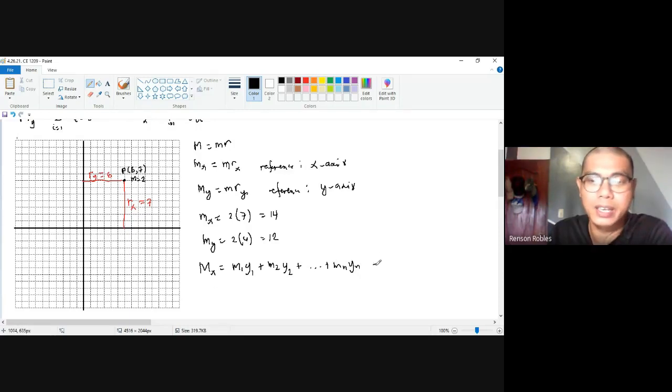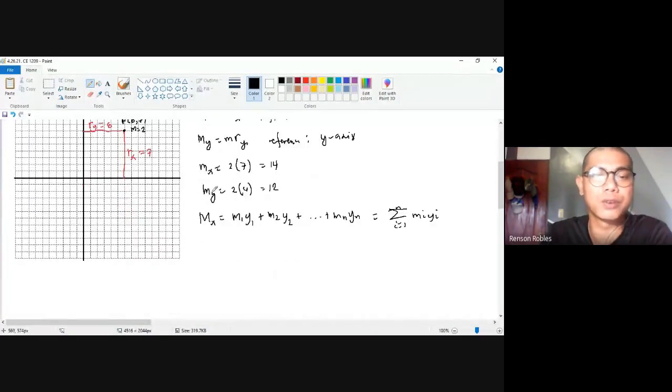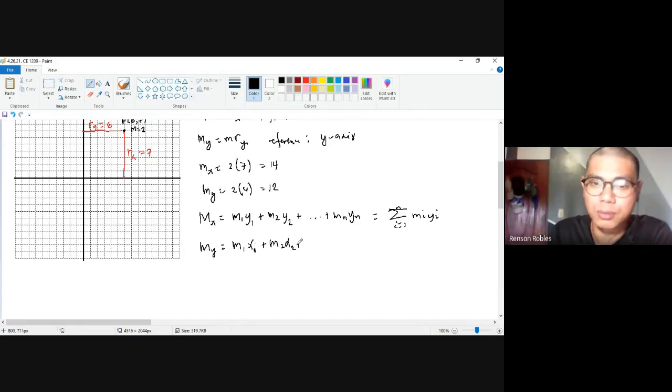That is why in summation notation, you write this as mi yi, where i runs from 1 to n. That is our moment in x. And then for moment in y equals m1, what component? X component. x1, plus m2 x2, plus mn xn, and in summation notation, that's mi xi, where i runs from 1 to n.